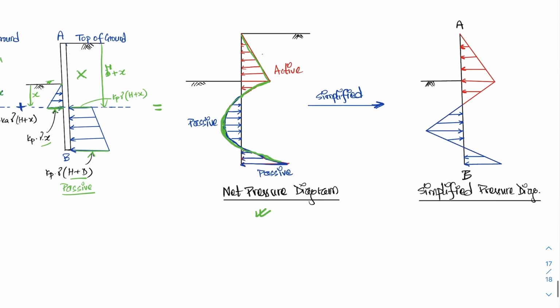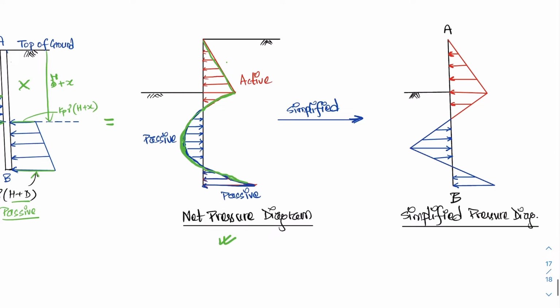If you take a look at the right side here, this is the simplified pressure diagram. Having a parabolic profile will complicate everything, so the best practice is to simplify it using a straight line. We will assume that the pressure distribution is linear, not parabolic, and just simplify our analysis.